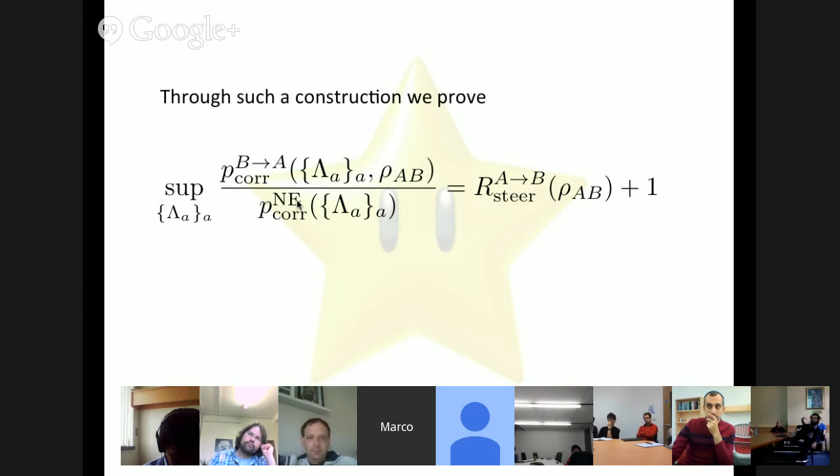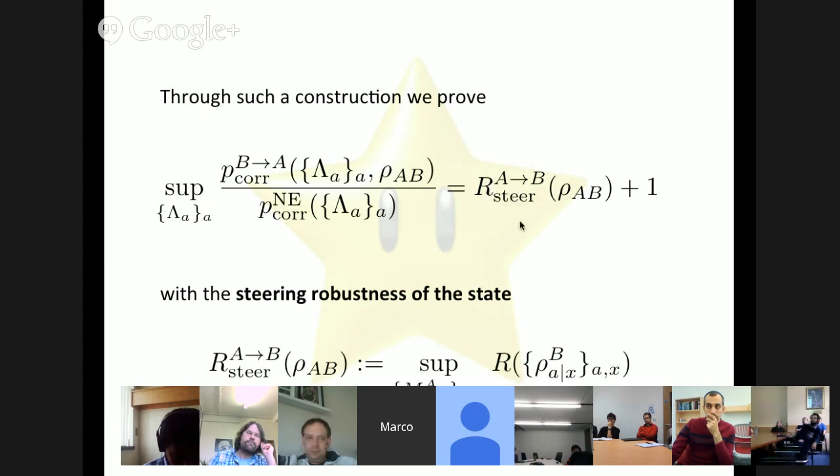And actually, this can be pretty big. I still have to define this, but you may imagine that it is something we can build upon the robustness for assemblages that was defined.